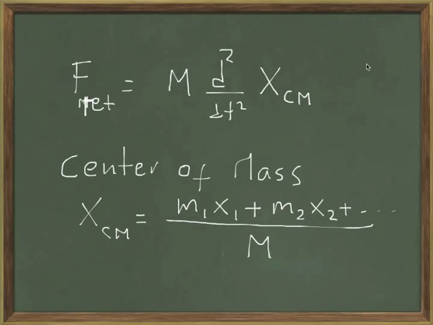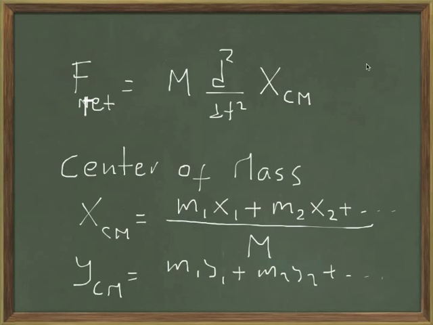The center of mass. So how do we define the center of mass? The position of the center of mass is given by this divided by the total mass of the system. Okay? That would be in the x direction. If you want the location in the y-axis of the center of mass, then you would use the same equation, except that now instead of looking at the position in the x-axis, you're looking at the position in the y-axis.